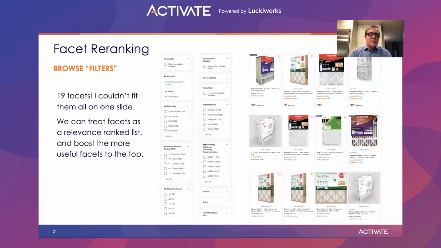So let's treat how these facets are used leading up to some kind of engagement or conversion, such as adding to cart, as a vote for the importance or usefulness of that particular facet that was applied, and consider boosting those up to the top of the list. We might even filter some of these facets out if we're finding that they're just not being used.